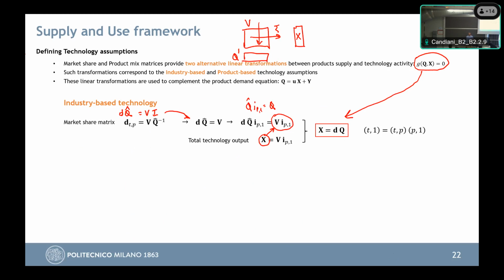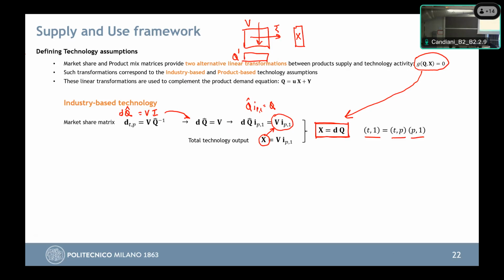X equal D times Q is consistent from the point of view of dimensions: technology by 1, which is X, equals technology by product, the market share matrix, times product by 1, leading to technology by 1. So this is consistent, and this is our first equation that can lead to the definition of the Leontief production model, or primal model.